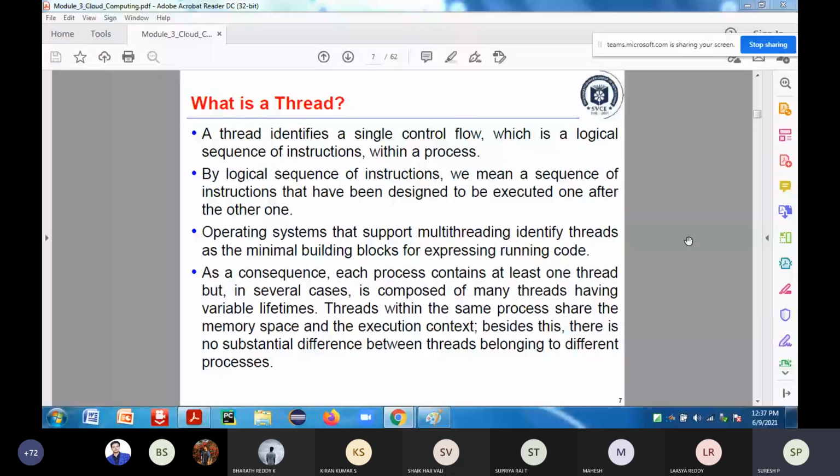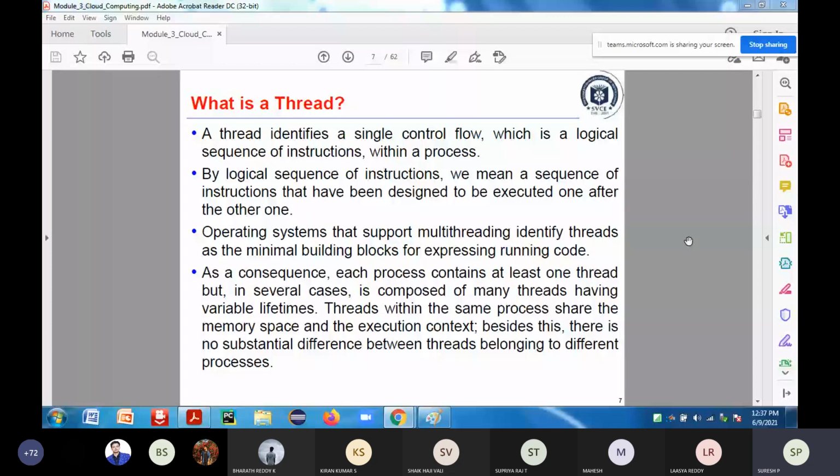By giving the logical sequence of instructions, you should know which instruction has to run first and which instruction has to run next. Each instruction is going to run one after the other. Now, whenever you take the operating system, some operating systems support multi-threading.